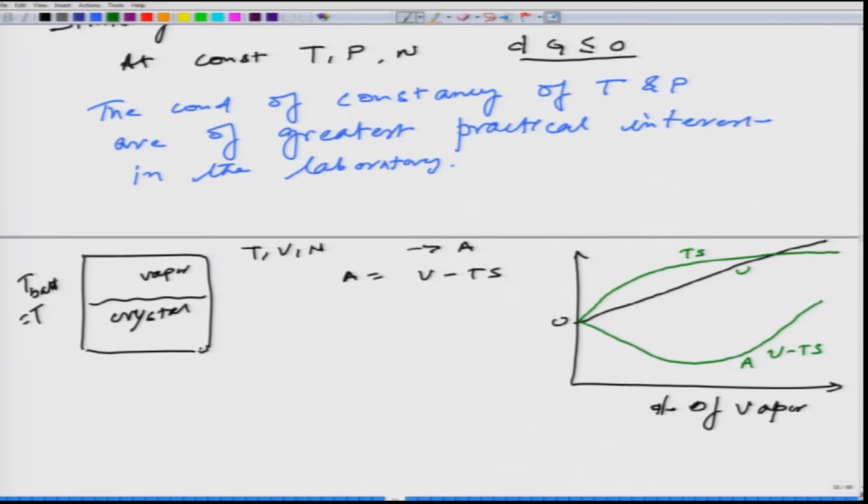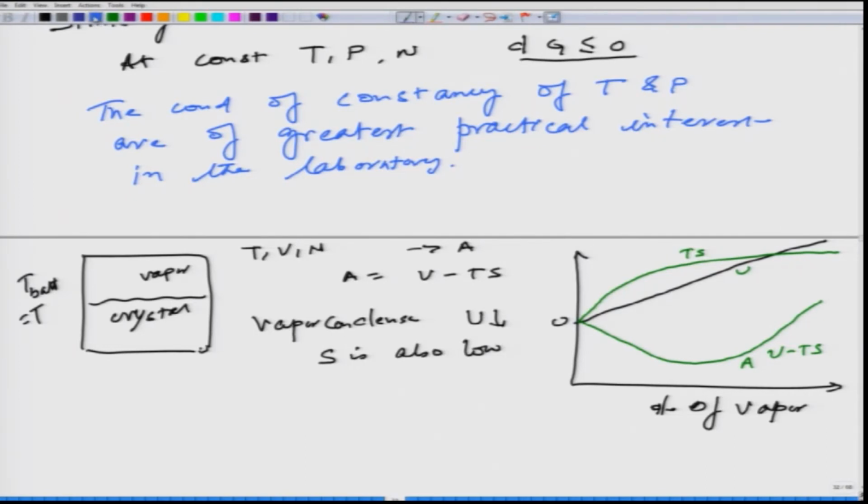Okay. So, we can understand this a little bit more by considering that there are attractive forces between the molecules which tend to make the vapor condense. So, if vapor condenses, U tends to decrease, and if U is minimum, S is also low, it is becoming more ordered.